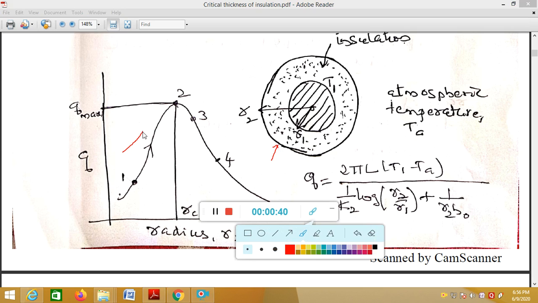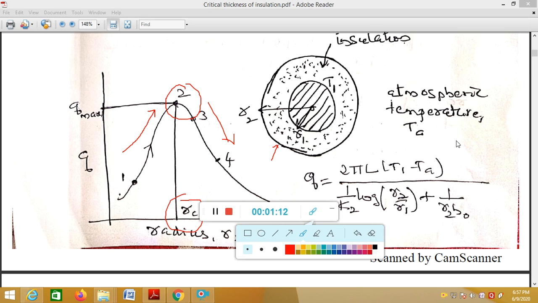The rate of heat loss is found to increase up to a certain radius known as the critical radius, and thereafter the rate of heat loss goes on decreasing. The outer radius of the insulation at which the heat loss is maximum is called the critical radius, and the thickness of the insulation up to the critical radius is known as the critical thickness of insulation.